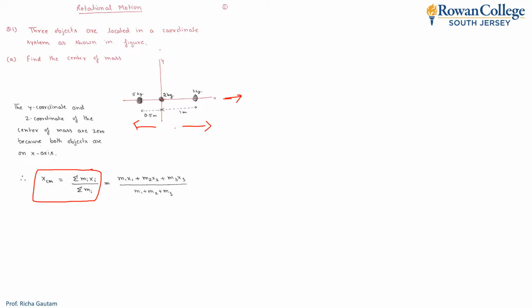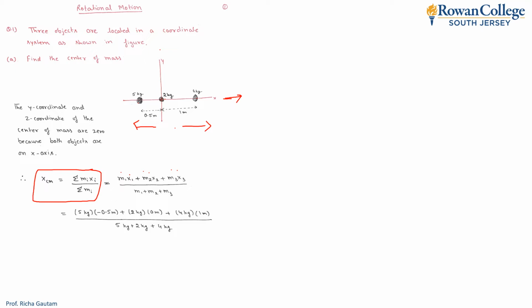So here we have three masses, m1, m2, m3, and we will check their respective distances from the axis of rotation. So the important thing here is your axis.